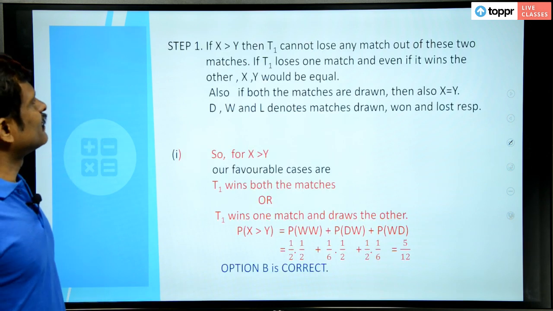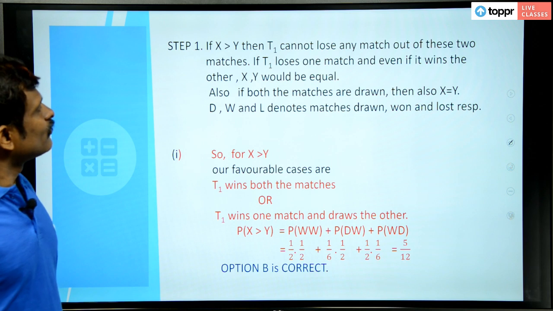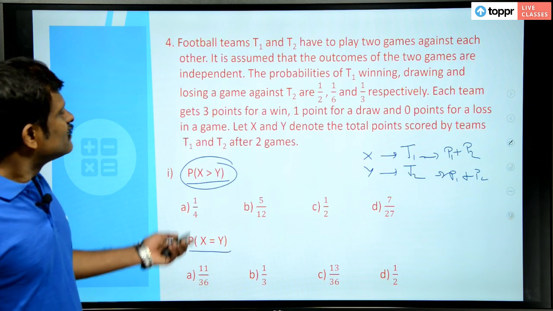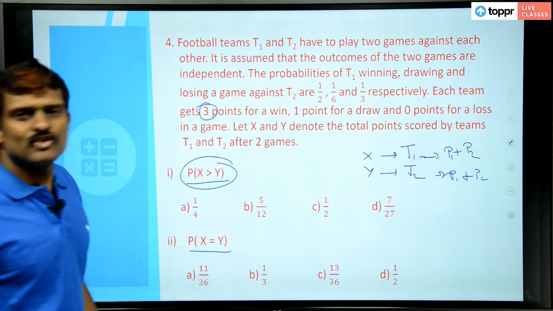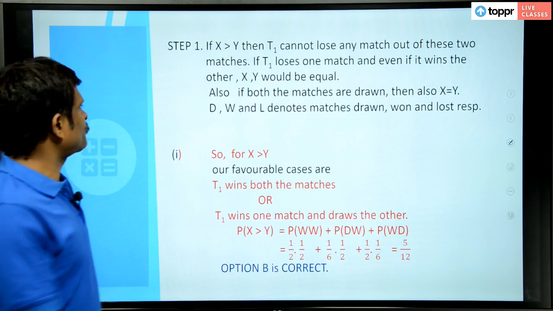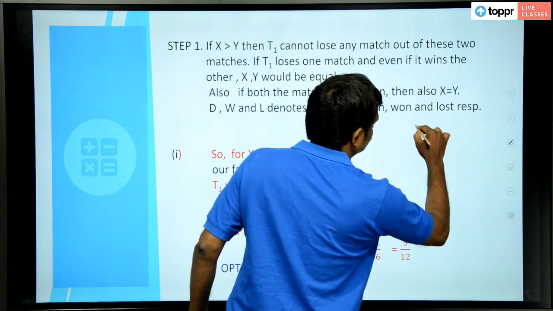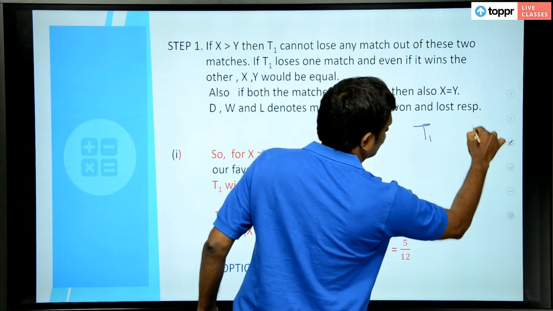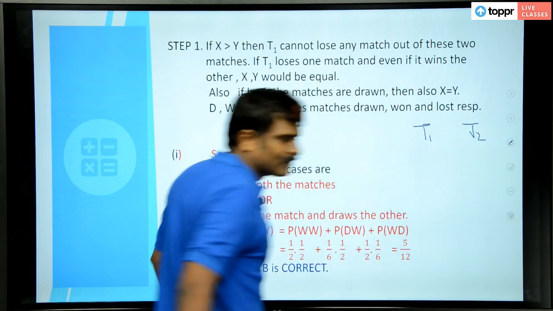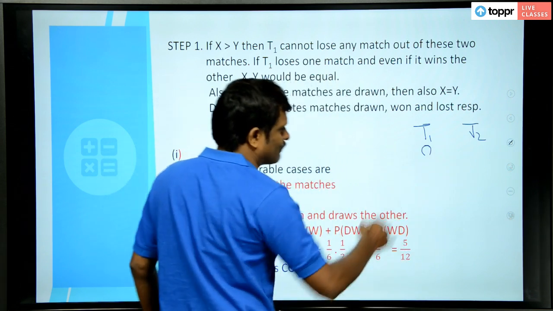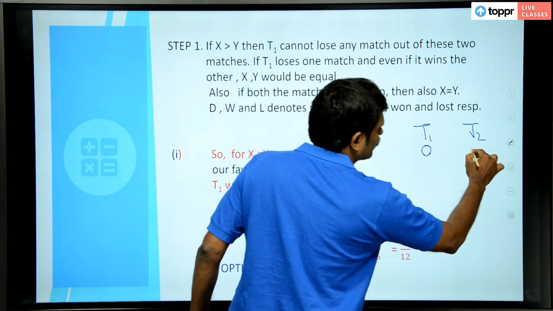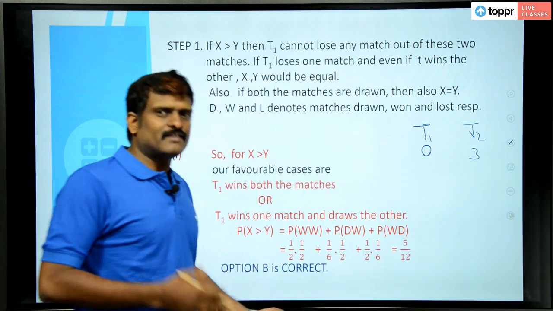If x greater than y, then T1 cannot lose any match. See what are the points scored here in winning a match? 3. Suppose this is T1 and T2, right. If T1 loses a match, then T1 lost the match means T2 is winning.